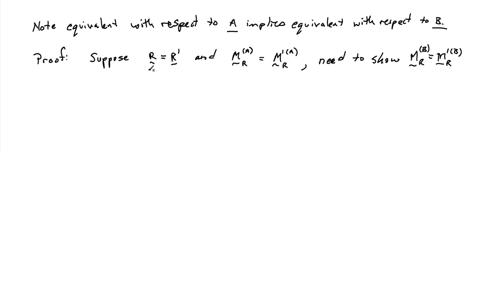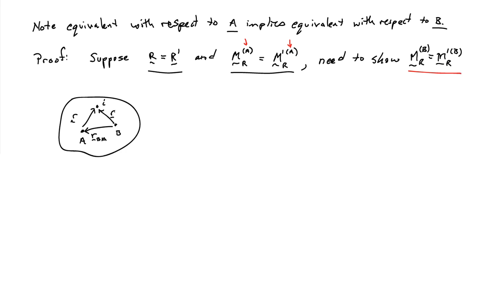So we have R equals R prime, and we have that the moment relative to some reference point, let's say point A, is the same for two force systems, F and F prime. And what we need to be able to show is that the resultant moment relative to a new point B in the body produces the same moments also.